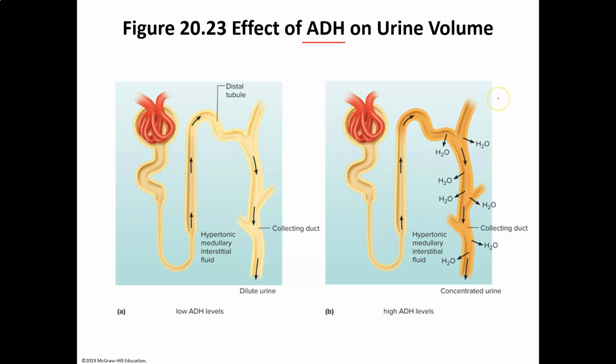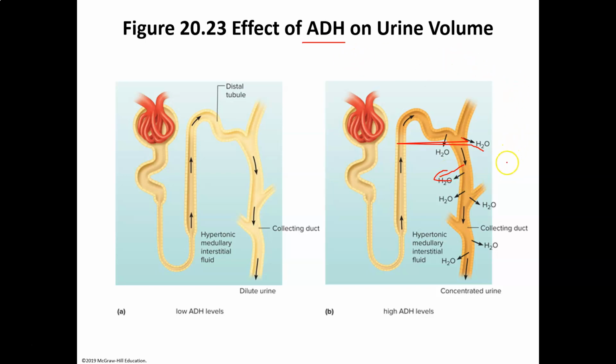It's actually made in the hypothalamus, and then it is stored in the posterior pituitary, and then is released to the body. What it does is it comes into the collecting tubule, right? So here's the collecting tubule, and you see all these little arrows, H2O, H2O, H2O. How is all this H2O getting out?